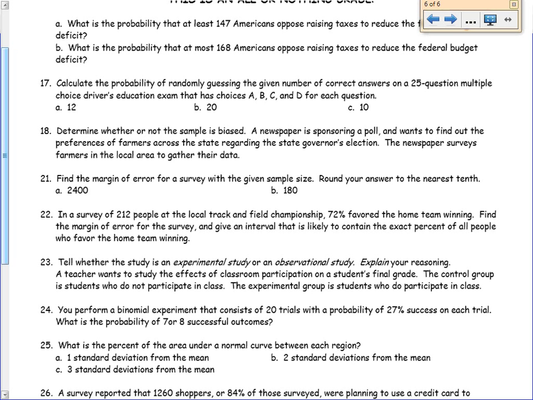So in this problem, problem number 17, guys, read 17 and then tell me where you get this stuff from. It says, calculate the probability of randomly guessing the given number of correct answers on a 25 question multiple choice test. Look, 25 C 12. Where did I get the 25 from? 25 questions. Where did I get the 12 from?